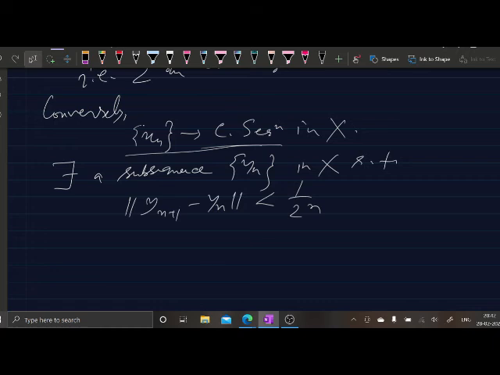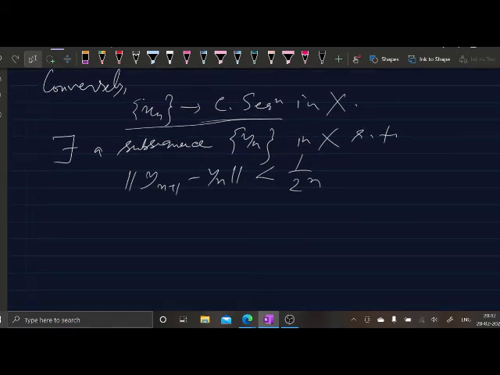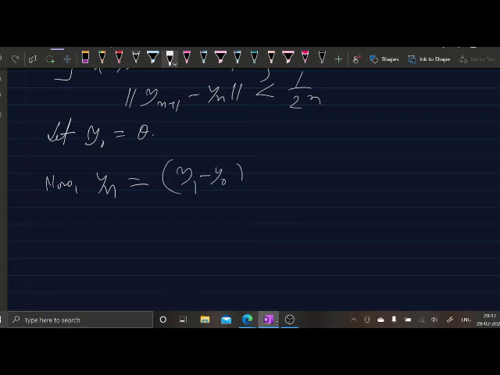Okay. Now let us denote y naught to be theta, the 0 vector, and then what is yn? yn can be written as y1 minus y naught plus y2 minus y1, and so on up to yn minus yn minus 1.